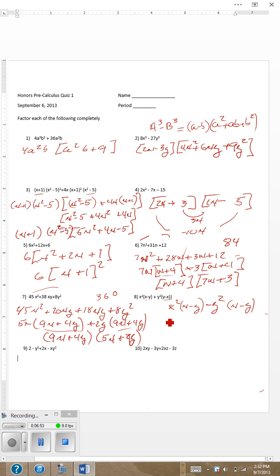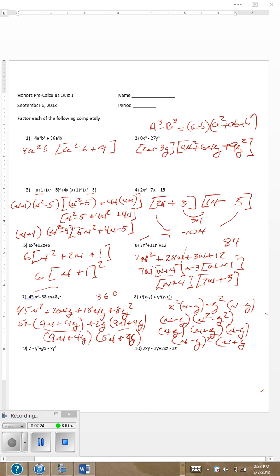Now my common binomial factor is x minus y, and it is common to x squared minus y squared. This of course is a difference of squares, x plus y, x minus y, another x minus y. We really should express it as x minus y, quantity squared, times x plus y. That is now factored.